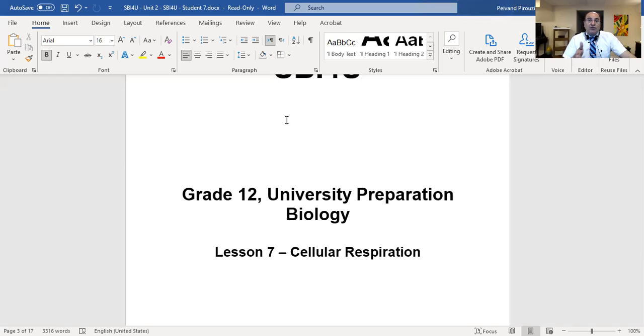Each time one phosphate is released, we have a release of about 7 joules for each mole of ATP, and that energy is going to allow enzymatic reactions in your cells.